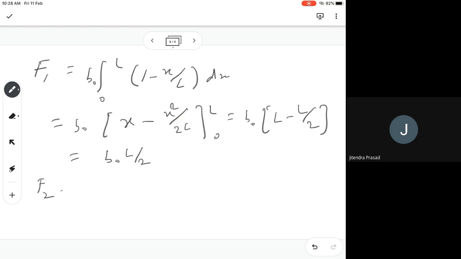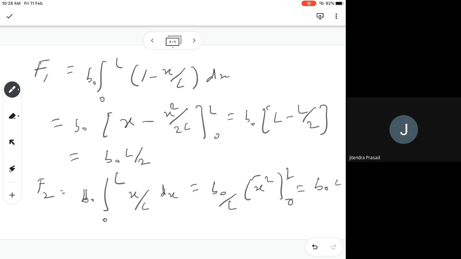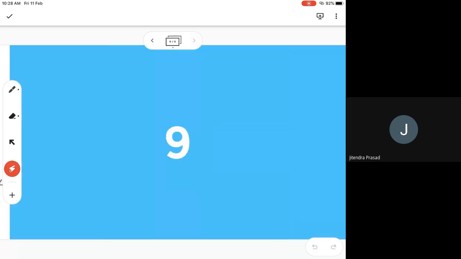Similarly, F2 is B naught integral 0 to L of x over L, because this is N2, so B naught times x square over 2L from 0 to L, and you get B naught L over 2. So you got F1, you got F2, both of them.